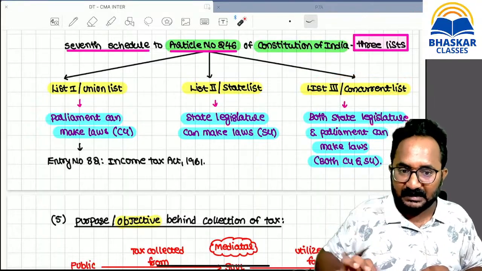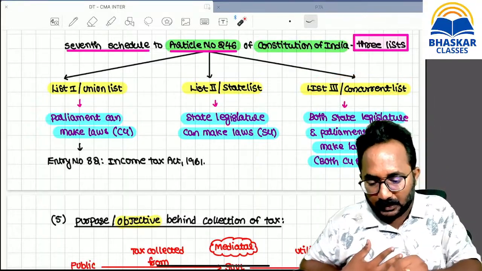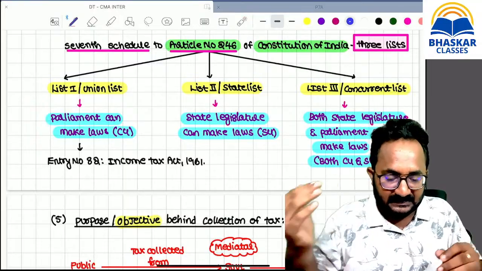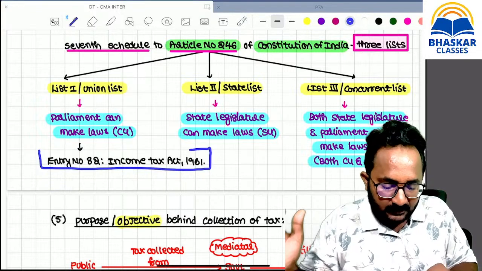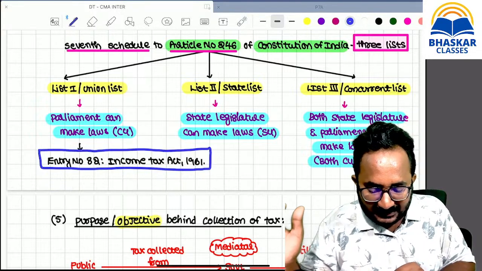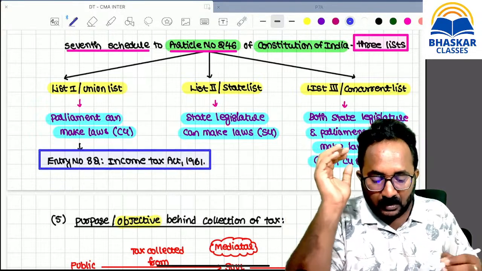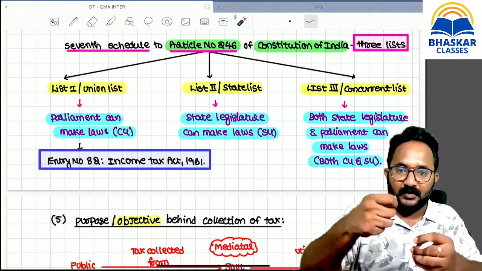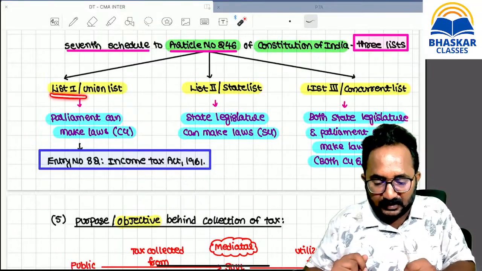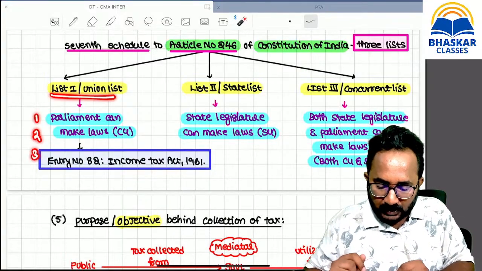Remember, our Income Tax Act 1961 is framed by the central government. So in which list does it have a place? List 1 or union list. Sir, what is the entry number? Every law entered into this list has an entry number: 1, 2, 3, 4, 5.